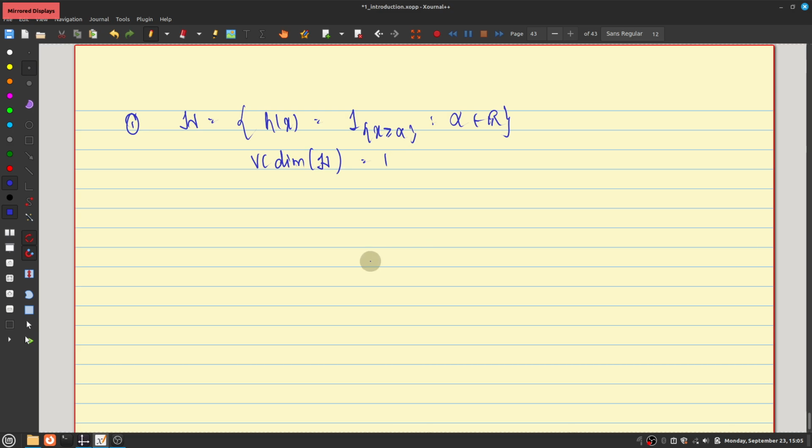Now let's see another slightly more general example, where H is the set of all functions which take the value 1 if x is between some alpha and beta and 0 otherwise.